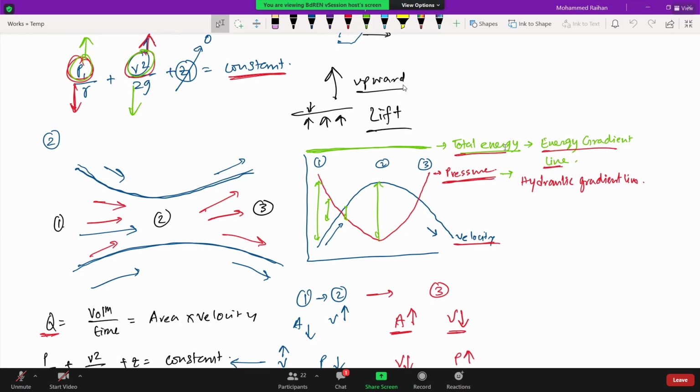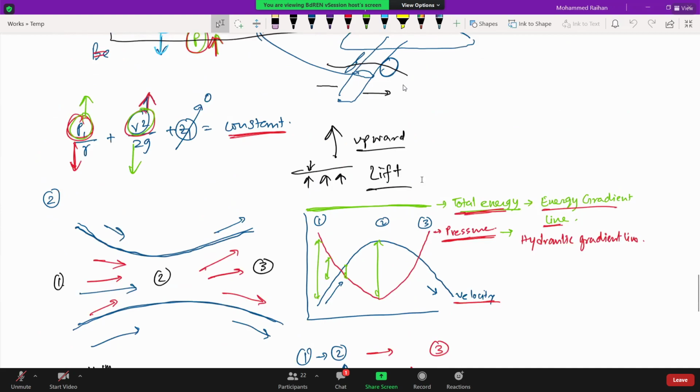If you just subtract the pressure from the total energy, you will get the velocity. From the velocity you can calculate... actually, there is nothing called a velocity gradient line. Clear about this part? Yes, sir.